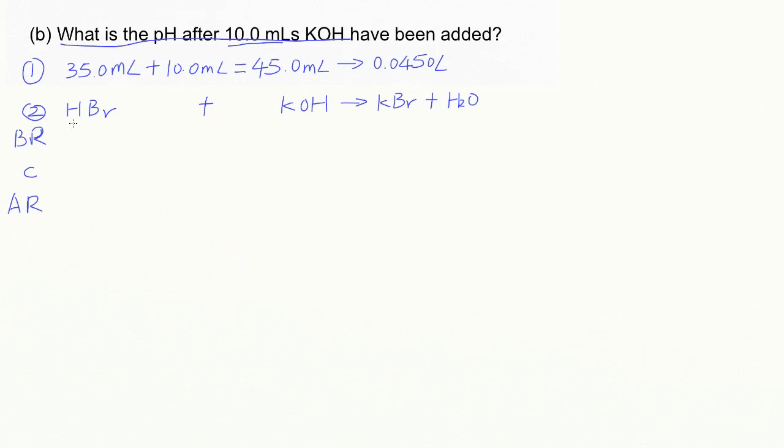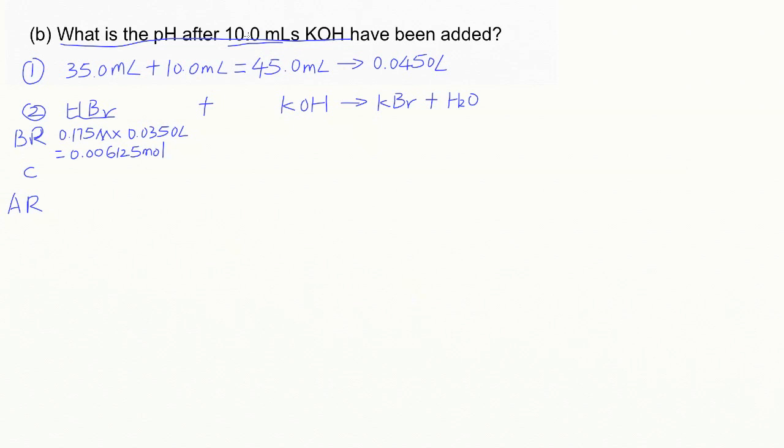Before reaction, the mole number of the hydrogen bromide equals the concentration times the volume, which is 0.175 mole per liter times 0.035 liter, 35 ml. What I got here is 0.006125 mole.